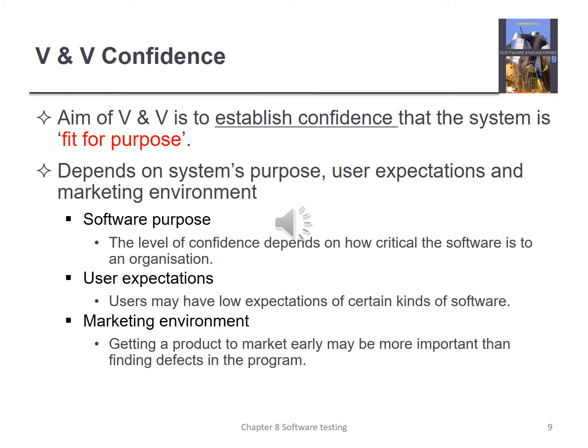User expectation: a user may have low expectation of certain kinds of software, and could probably lose confidence in it. Marketing environment: getting a product to market early may be more important than finding defects in that program. So the software purpose, the user expectation, and the marketing environment play a big role in building confidence in the system, or in bypassing some of the tests.